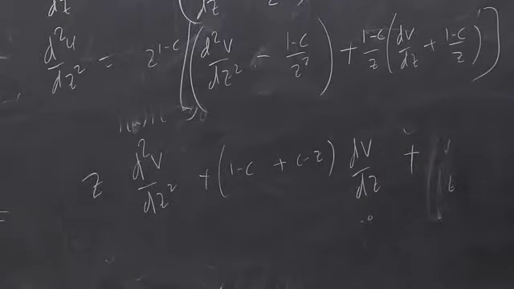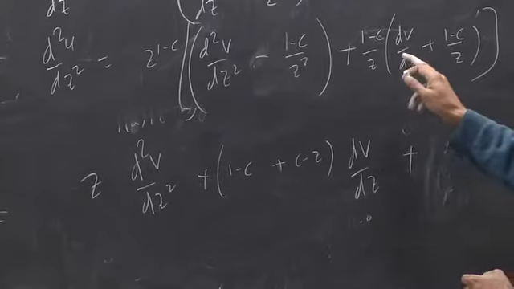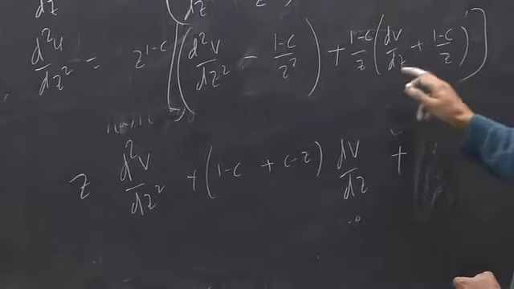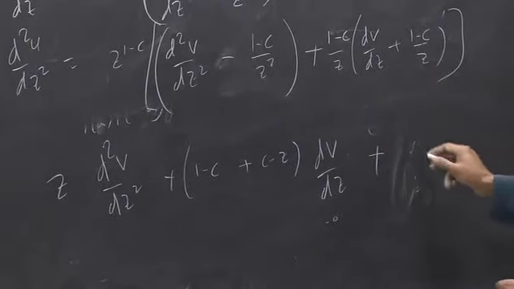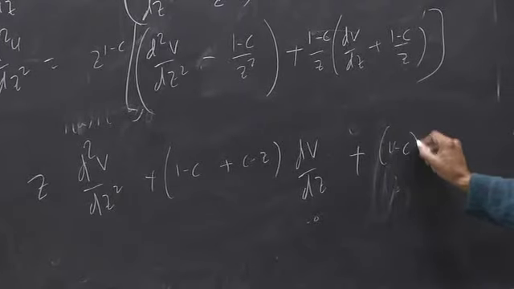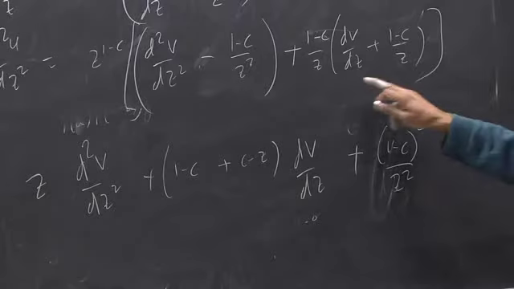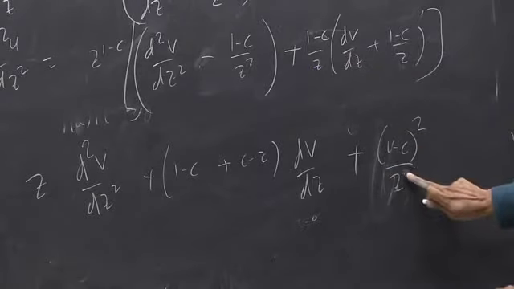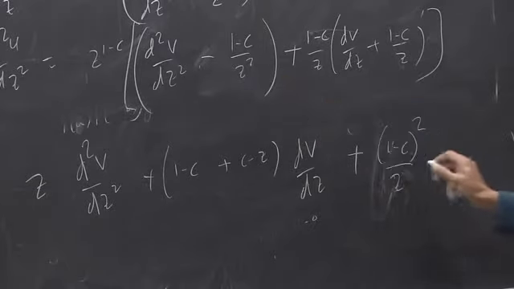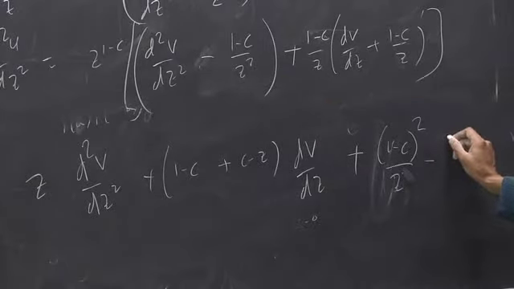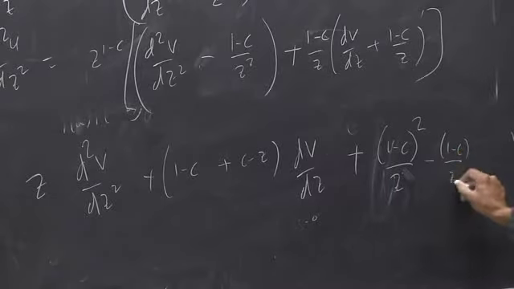And then the non-derivative term, there are several pieces. One piece is from here. And that looks like 1 minus c times z squared from here. But then I have to multiply by z. So that is 1 minus c squared over z. And then from here you get minus 1 minus c over z again.